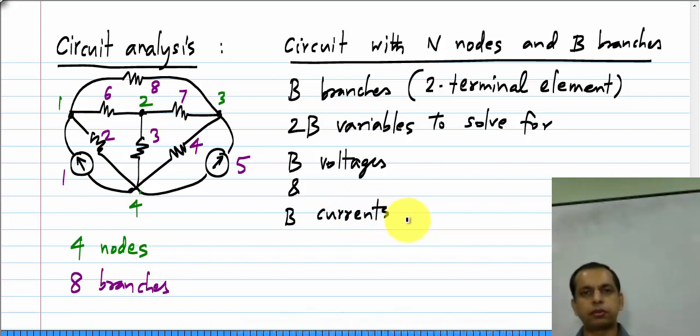So, now we have to solve for 2B variables, B voltages and B currents. That means that we need 2B independent equations.